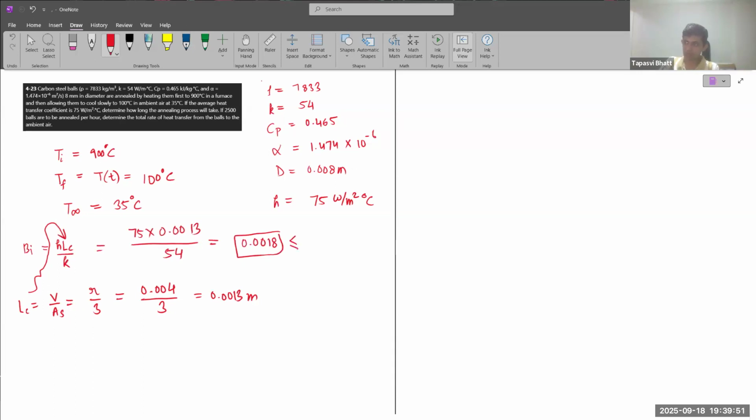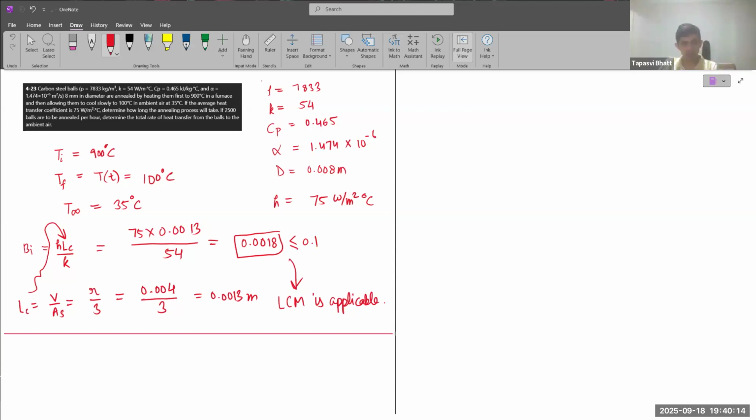Very much less than 0.1, right? So again, lumped capacity model is applicable. We have just proven that the lumped capacity model is applicable.